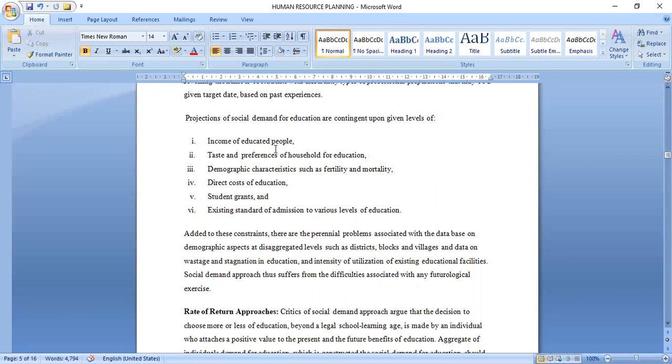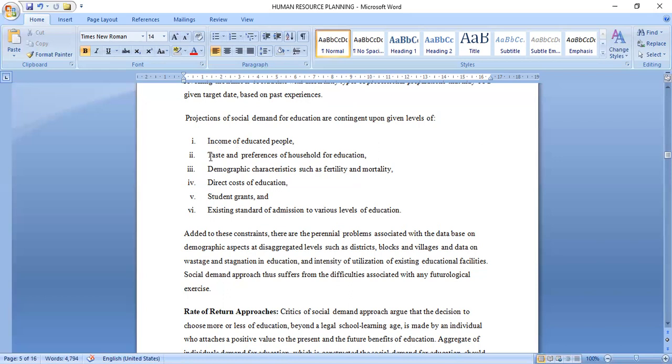And with these educated people in that society, it will not be a struggle for organizations as they are looking for the supply of labor or the human resource or the skilled workers required. They will not find difficulty.